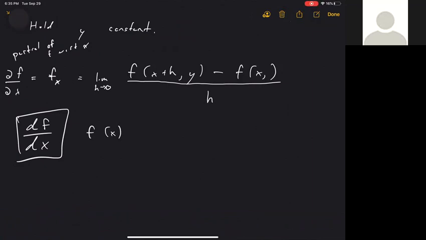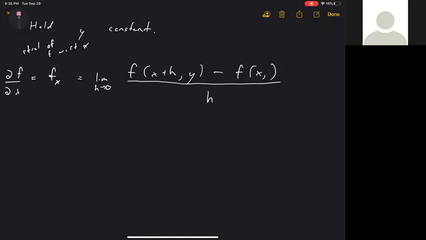When you see this stylized d, that means we're talking about partial derivatives and our function is a multivariable function. So that's just notation. As I said, these are the same thing, df, dx. And you'll probably all be writing f sub x for this type of thing. It's so much easier, and that's perfectly acceptable.